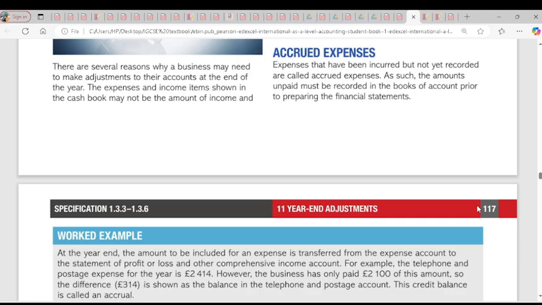Clear? Accrued expenses are the expenses that you have incurred that you have not yet recorded. So they are current liabilities. Accrued income is the service you have rendered to your customers that they have not yet paid for. It's going to be part of your assets, just like your closing inventory.